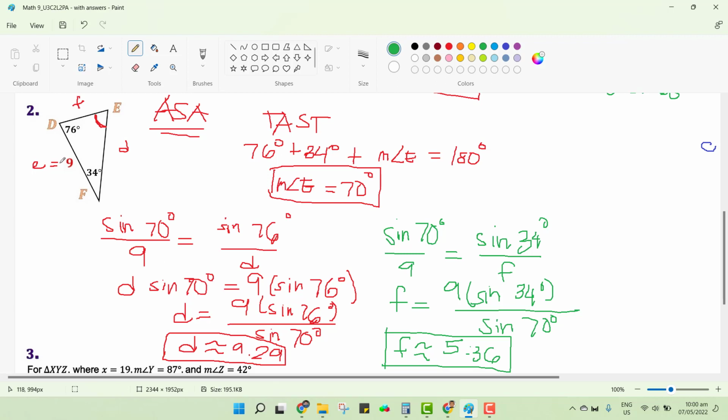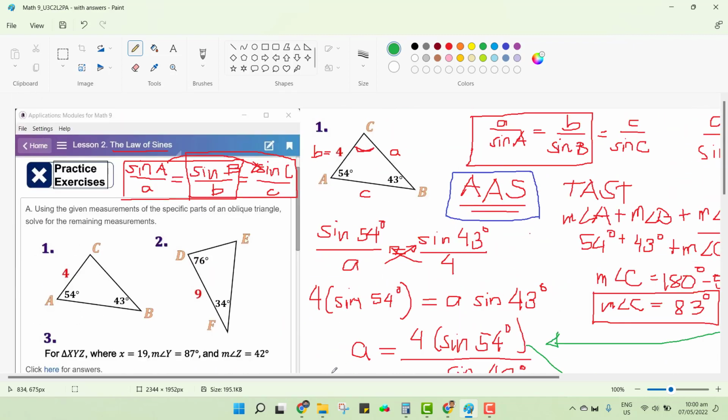It's longer than 9 here and longer than 5.36. The next angle, which is the next to 76 degrees, is angle E, which is 70. That's why it's 9. And finally, angle F, which is 34 degrees, it has a shorter opposite side, which is 5.36. Doing the same for number 1.